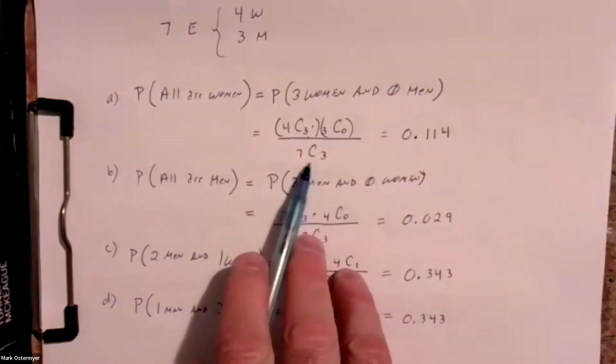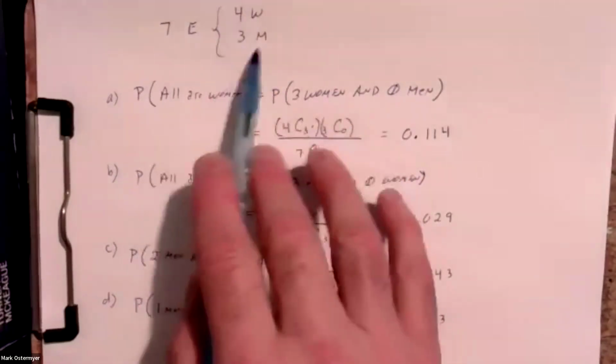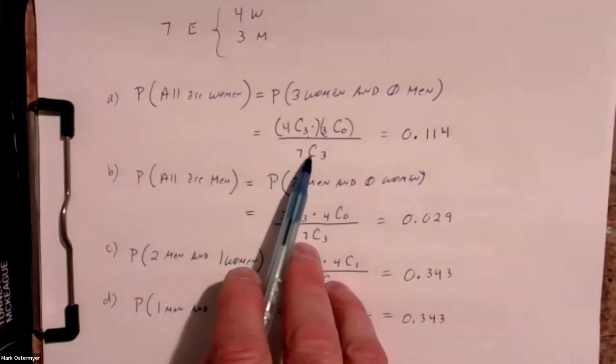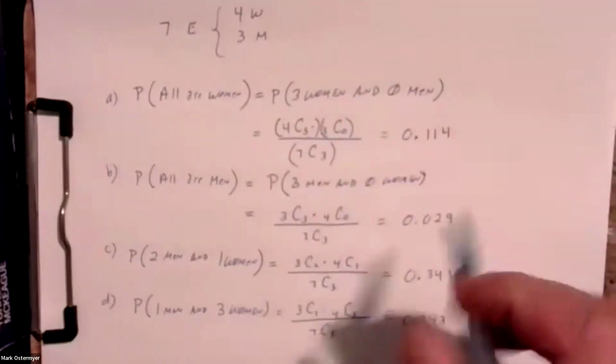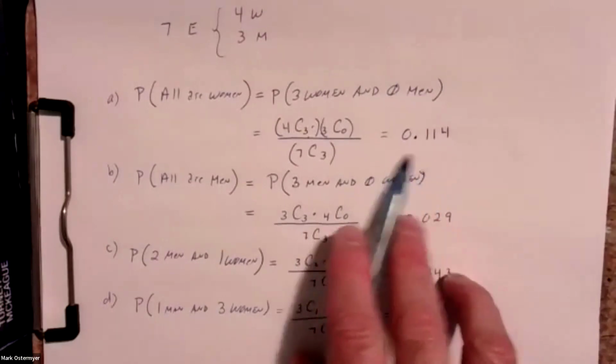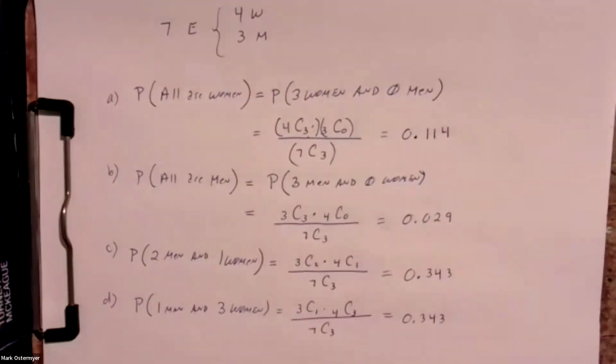This is going to be divided by how many ways can I choose 3 executives from 7 executives total? 7 in combination with 3. Dial that up. Your probability should be about 0.114. Did anybody get that answer?